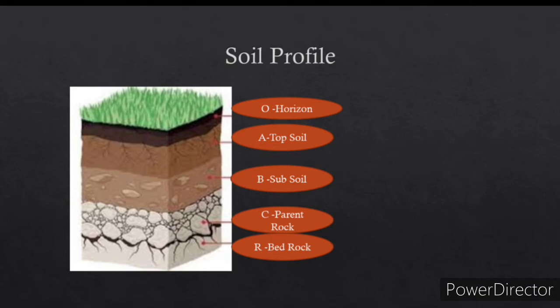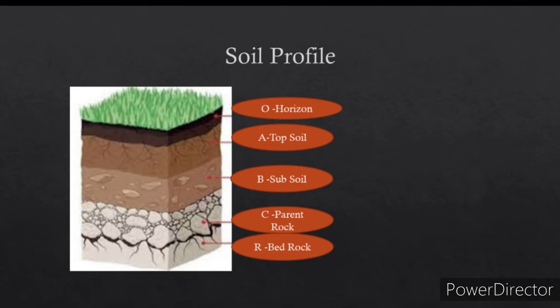Below this, the subsoil is there. It is lighter in color than the topsoil. It is harder and more compact, richer in soluble minerals than topsoil, has little humus, and it collects rainwater.